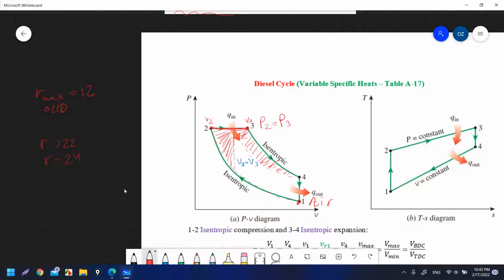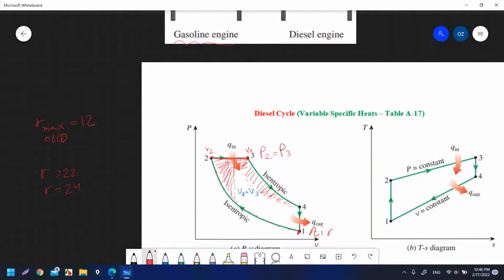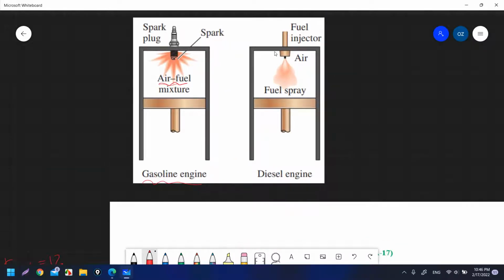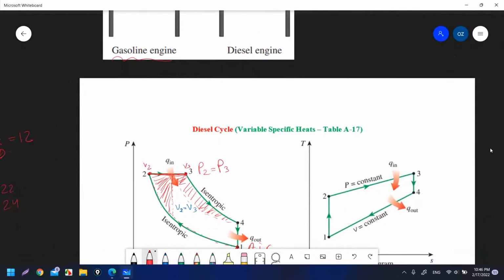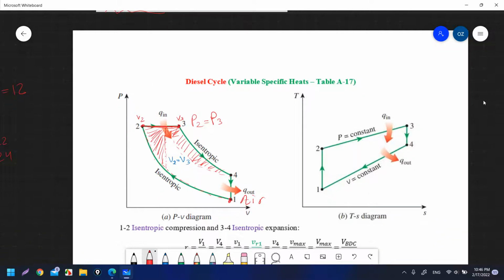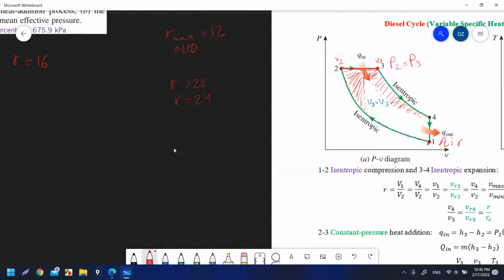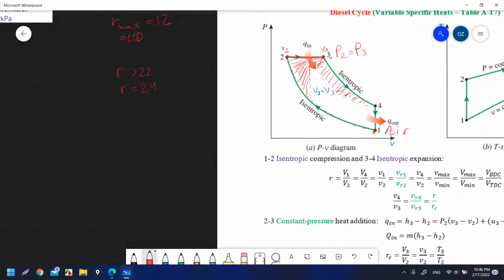We call it cutoff ratio because state 3 is also called the cutoff point. At this point we stop injecting the fuel. That is why it is called cutoff. We stopped injecting the fuel. This cutoff ratio is rc equal to V3 over V2.